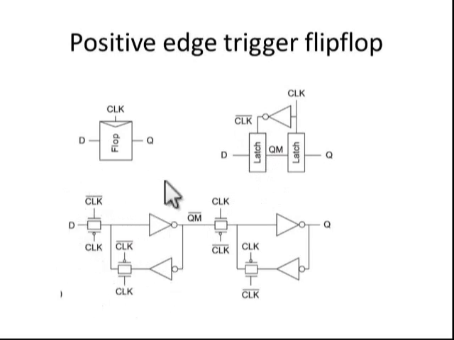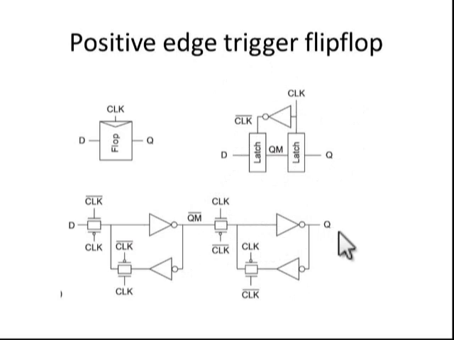In the negative latch, the data switch should be on when clock equal to 0, and the feedback switch should be on when the clock equal to 1. So this is negative latch. And for the positive latch, the data switch should be closed when clock equal to 1, and the feedback switch should be on when clock equal to 0. So that's all. If we understand this block diagram, we can draw this internal diagram ourselves.